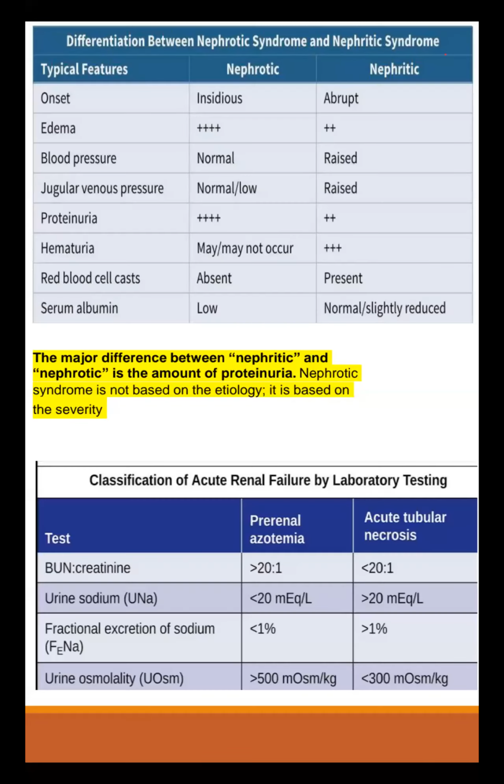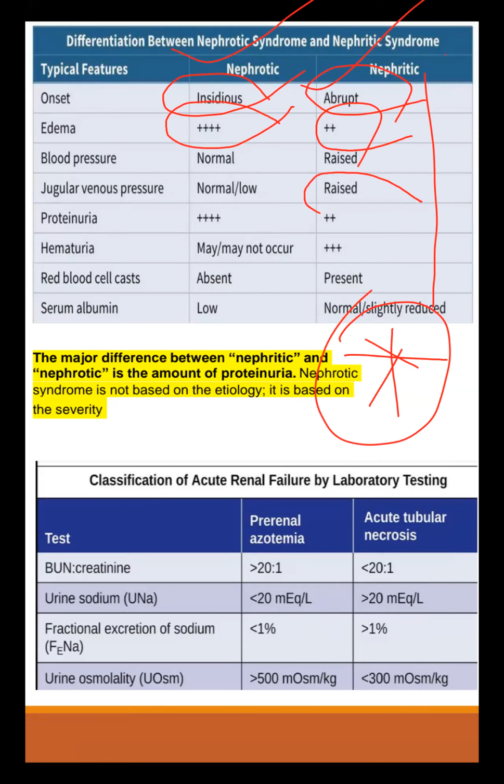This chart, I was starting from the first, very important, nephrotic and nephritic. Nephrotic, insidious onset; nephritic, abrupt onset. For the nephrotic, edema is greater; for the nephritic, edema is lesser. Jugular venous pressure will be raised in the nephritic. Proteinuria massive in the nephrotic, hematuria massive in the nephritic, and albumin low in the nephrotic.